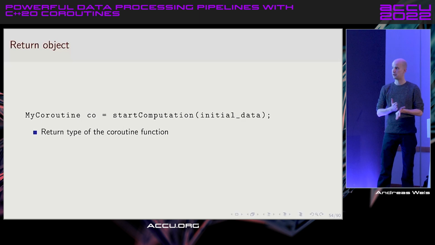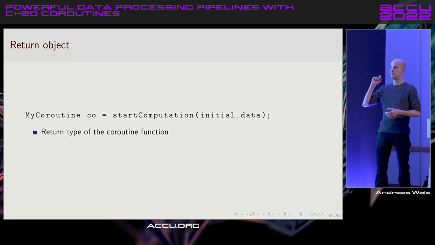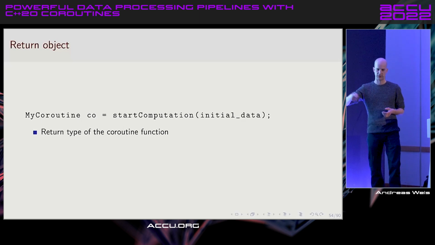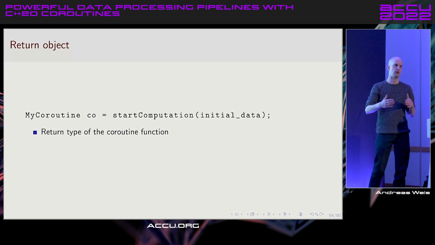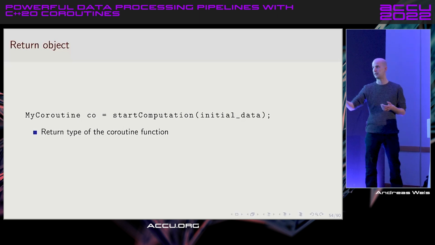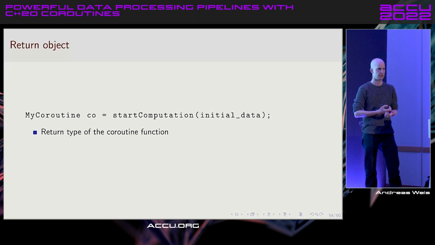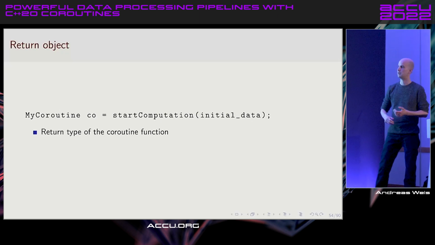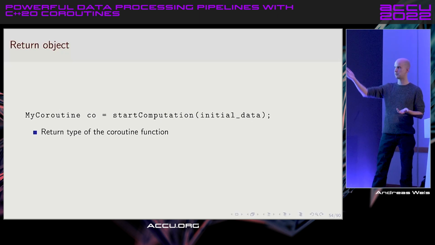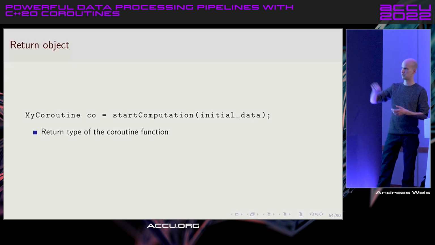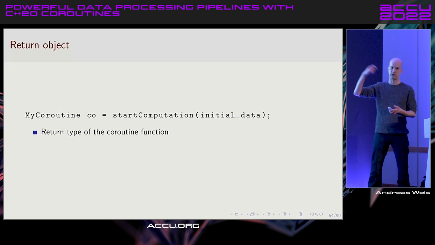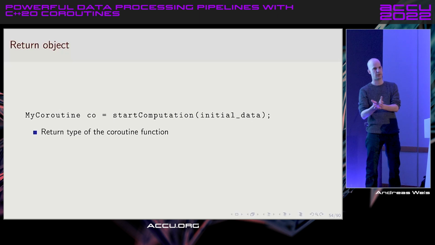So the return object, this is literally the object that is being returned to the caller upon the initial call to the coroutine function. If we take the suspend-resume example from before again, the main function is going to call our coroutine, start computation, and then it's going to get back such a coroutine object.